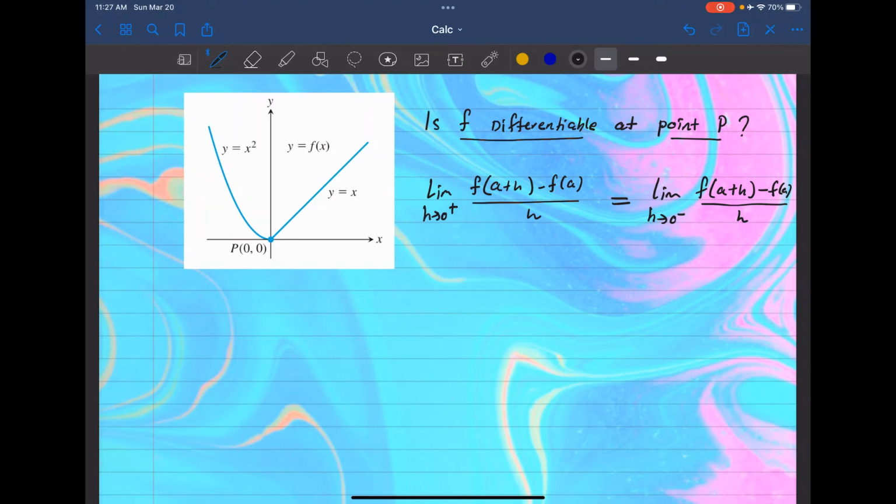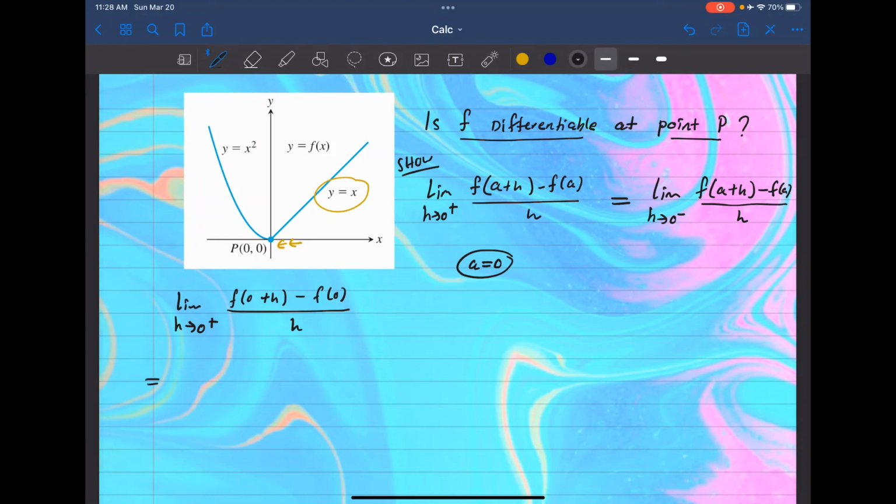So this is what we want to show. So let's compute the right-hand limit. So the limit as h approaches 0 from the right, f of 0 plus h minus f of 0 all over h. So keep in mind that we're using a equals 0. So from the right side, we're going to approach this direction right here. So we're going to be using this function to evaluate this limit.